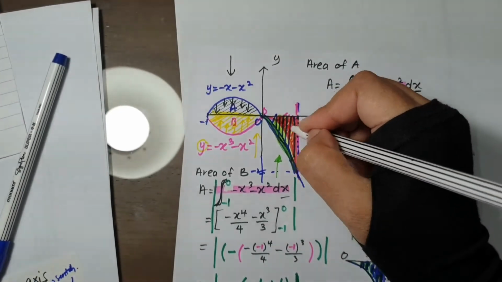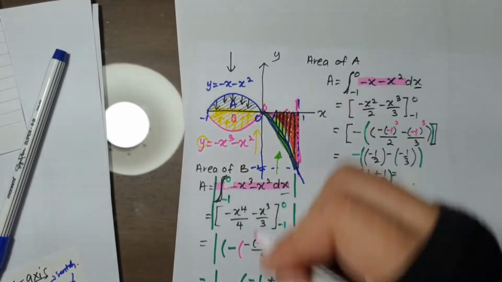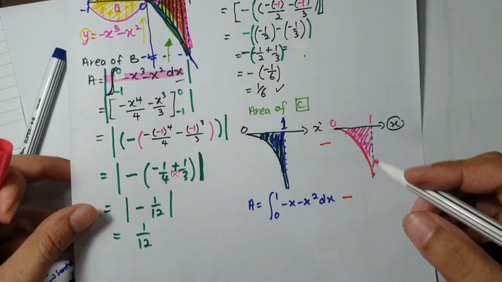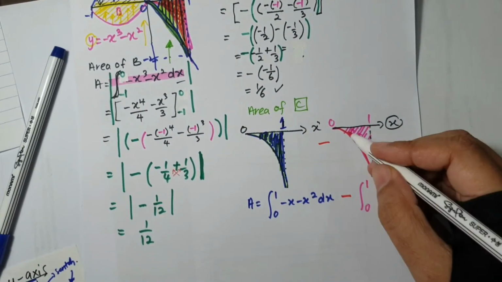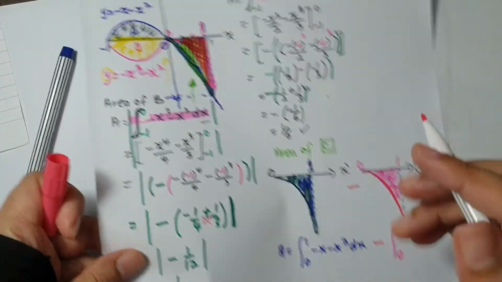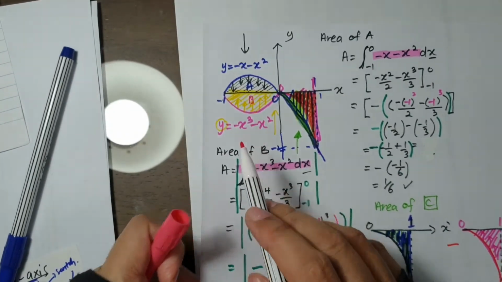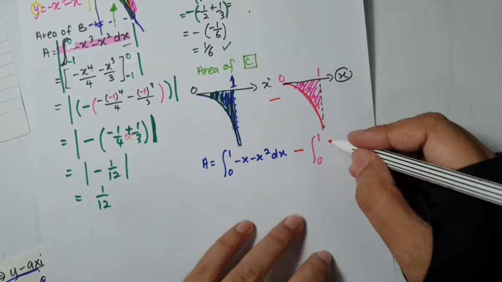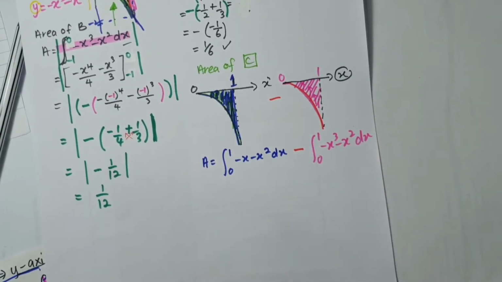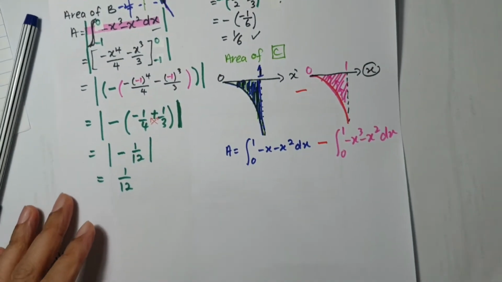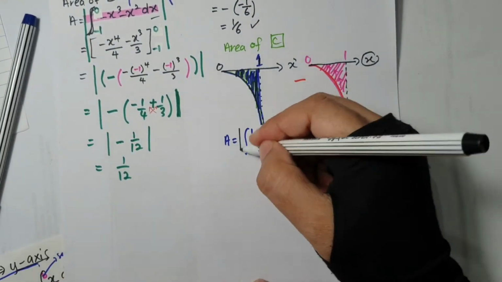Kita tak nampak nah, this part. Okay, so it is from the same 0 to 1. Equation of the pink curve tadi adalah ini, negative x cube minus x squared dx. And for both curve, you must put modulus sign.